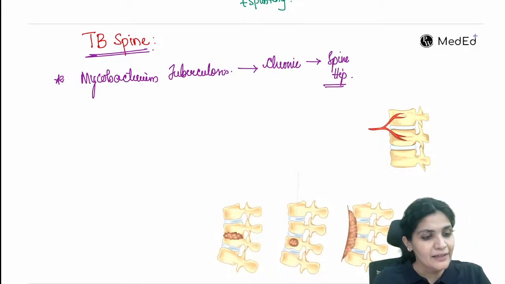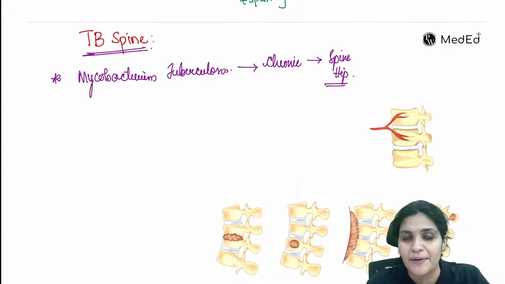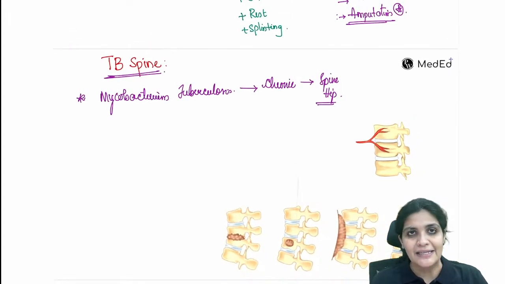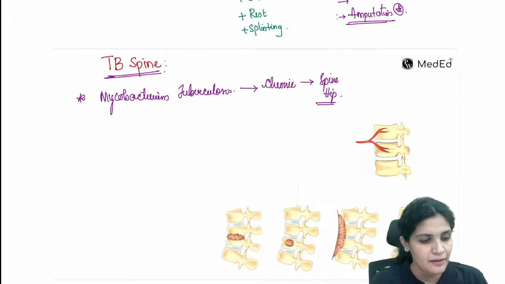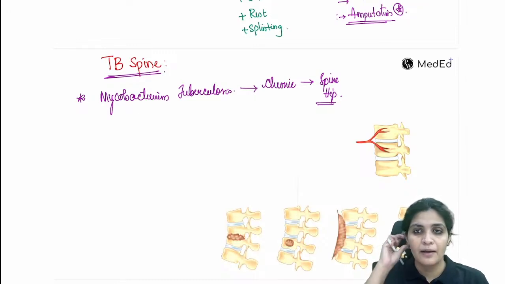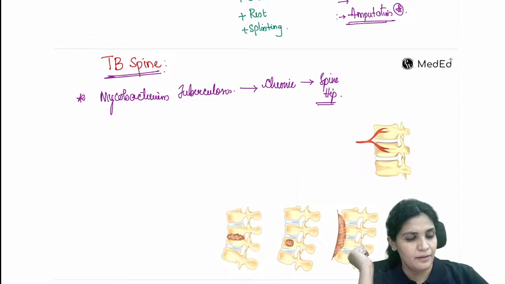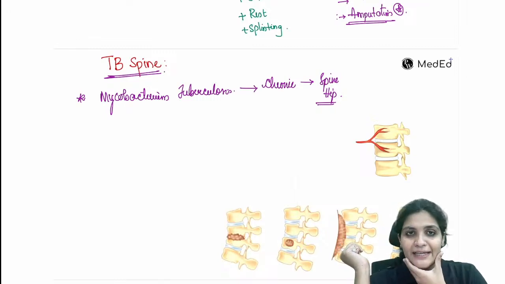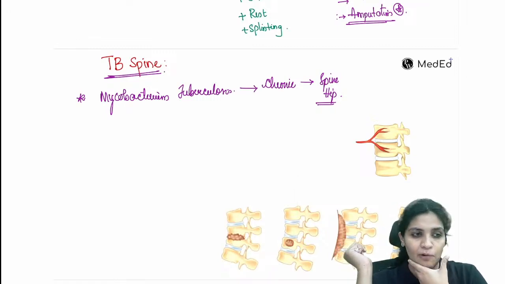Right, why the name Mycobacterium? Because of the presence of which substance in the cell wall? Yes, it is because of the presence of your mycolic acid, right? So mycolic acid is present in the cell wall of Mycobacterium.